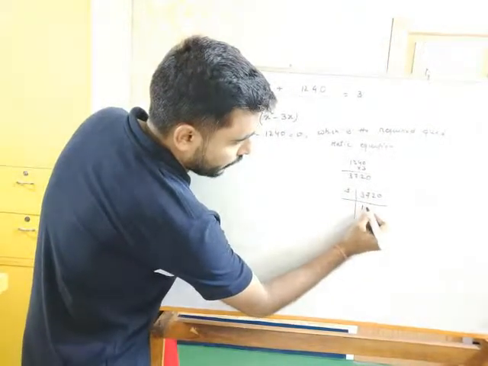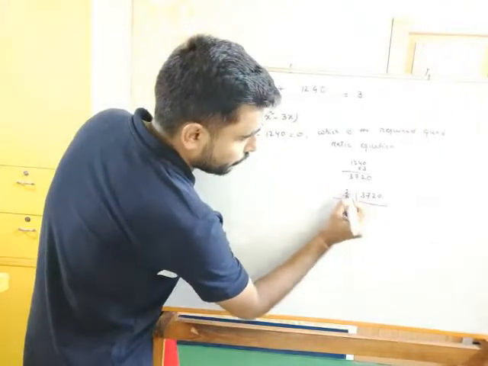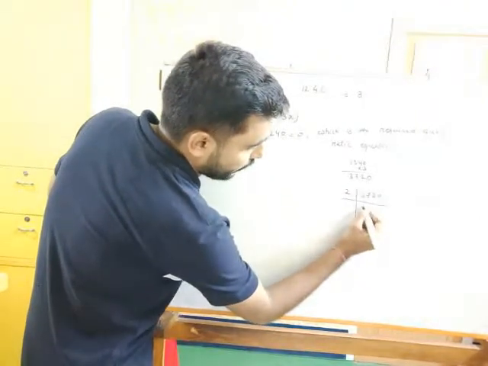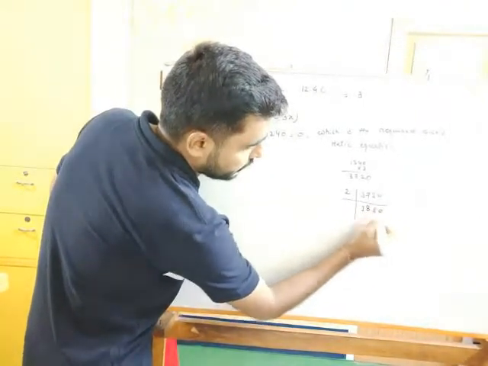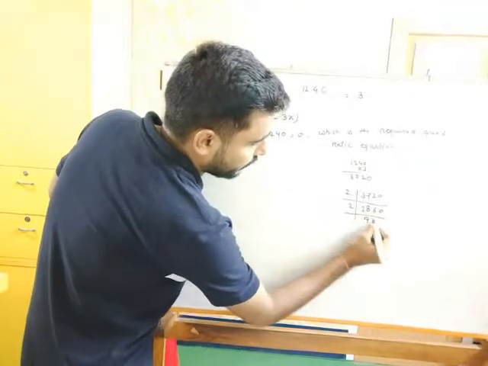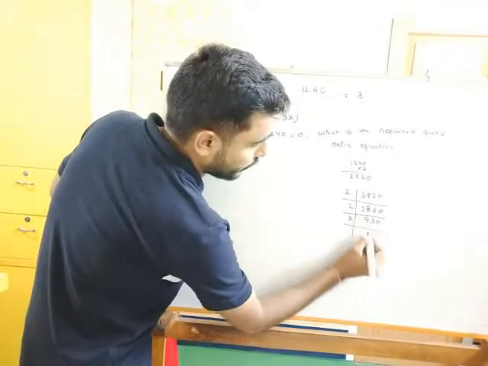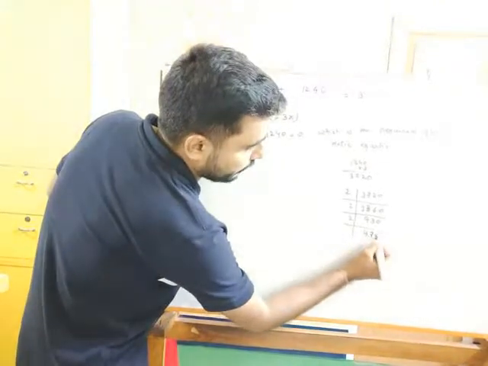So in the table of 2, it will be 1860. In the table of 3, 930. In the table of 2 again it will be 465.